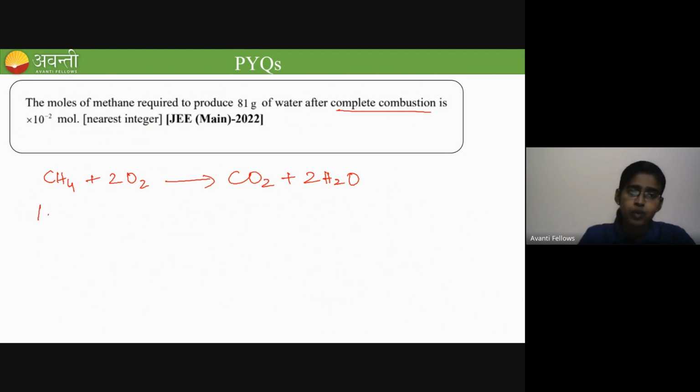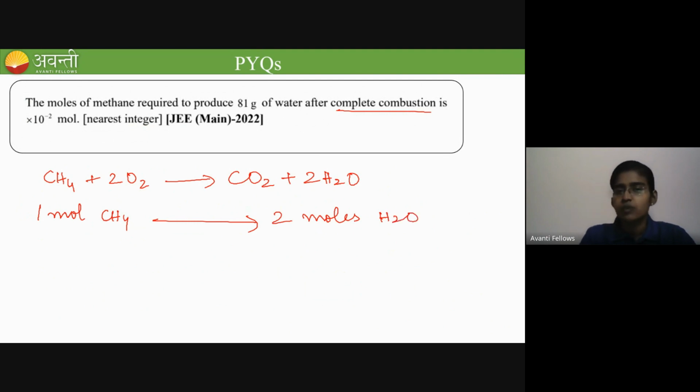So here 1 mole of methane is producing 2 moles of water, right? For 1 mole of water, 18 gram is there. 2 moles means 36 gram, right? 36 gram of water is coming out for 1 mole of CH4.